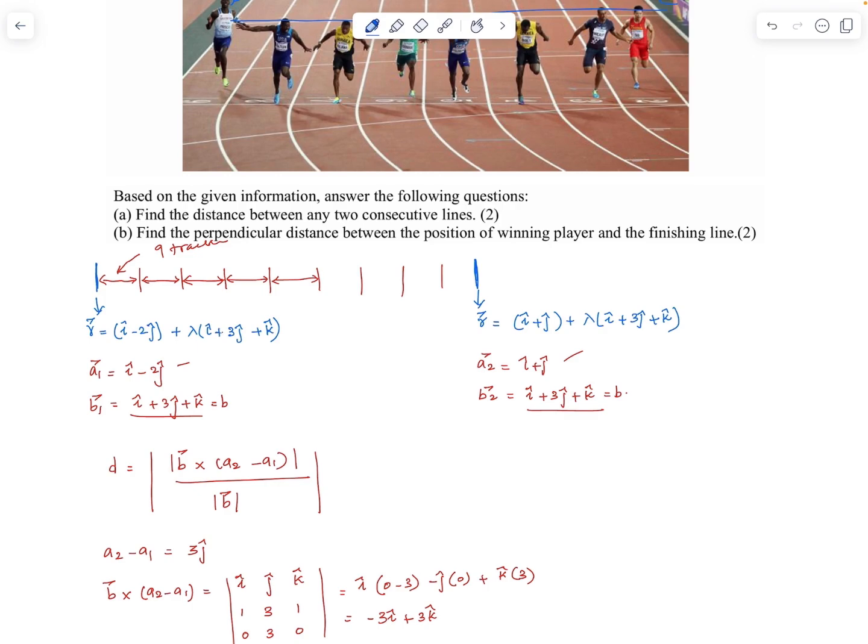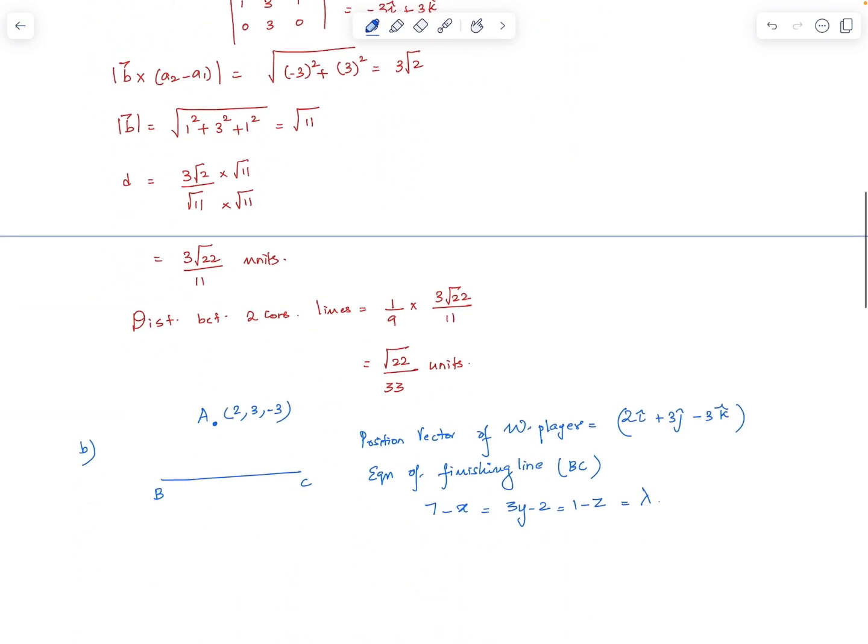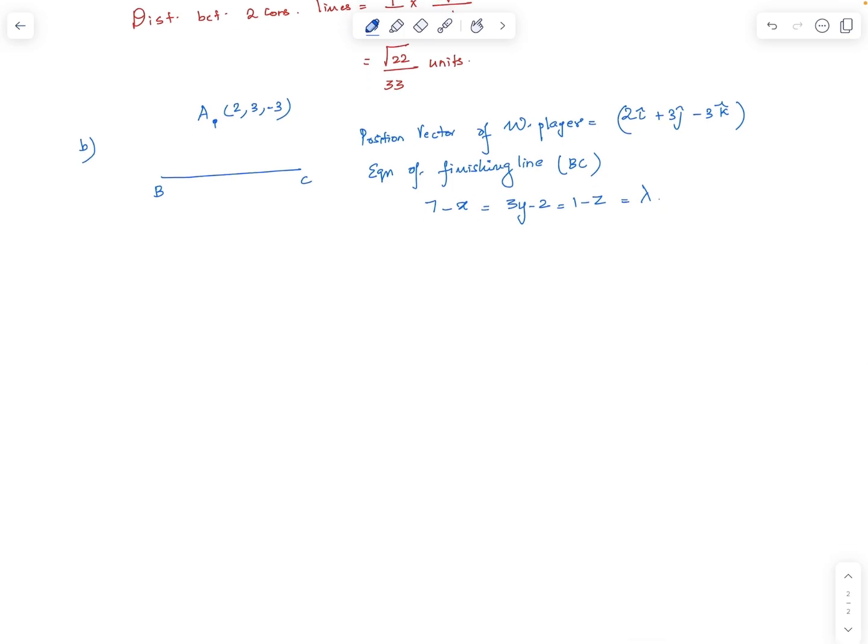Here we have to find the perpendicular distance between the position of the winning player and the finishing line. That is, if we drop a line perpendicular to BC, meeting BC at D, we have to get the distance of this line AD. For that, we need the coordinates of D. That is 7 minus x is lambda, 3y minus 2 is equal to lambda, and 1 minus z is equal to lambda.